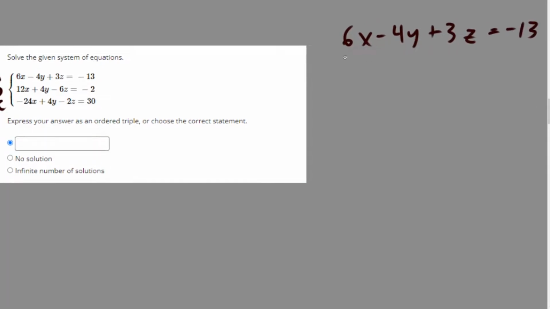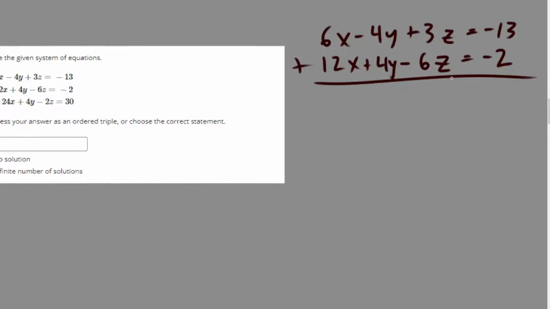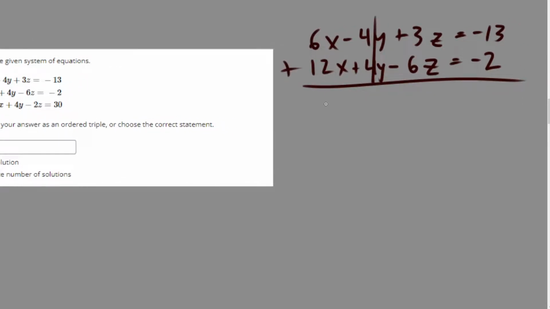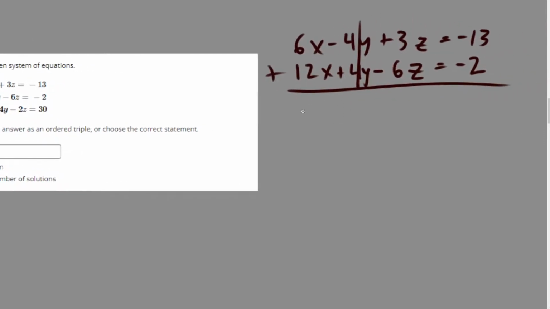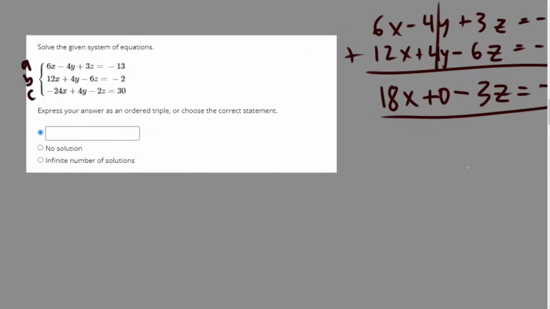And I'll take b, which is 12x plus 4y minus 6z equals negative 2. I'll add these two together, and that'll get rid of our y. So we'll have 18x plus 0 minus 3z is equal to negative 15. And that's one of our equations.